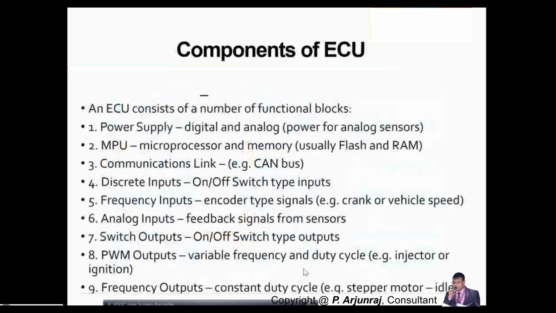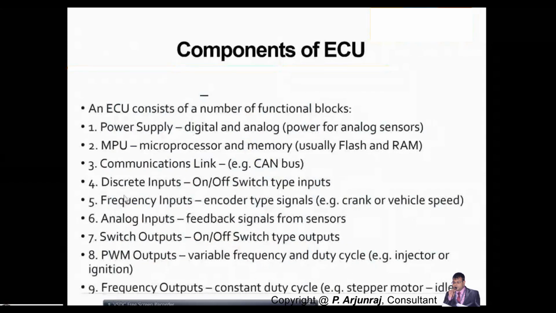So these are the different components involved with respect to the ECU. We have the power supply, in which the digital and analog sensors are there. We have the microprocessor processing unit and also the memory. We have the communication link, what we call CAN. You have also seen CAN in OBD2 as well.